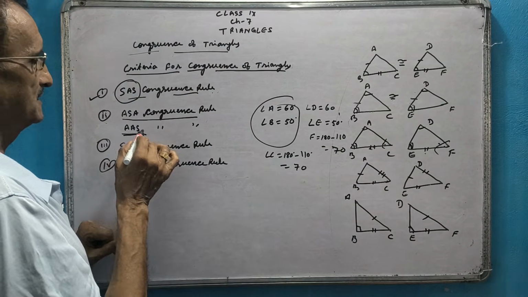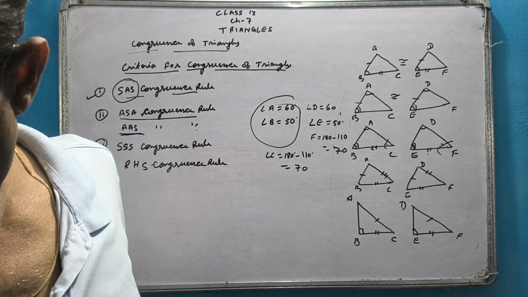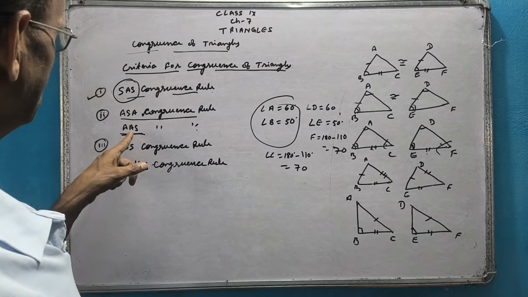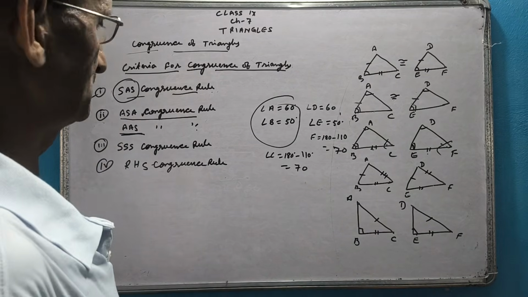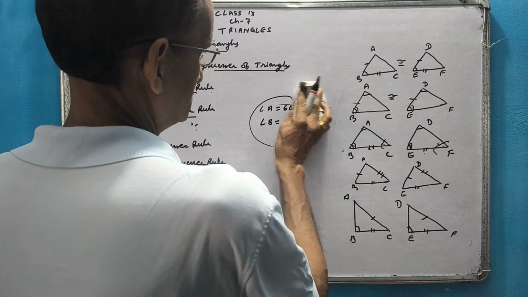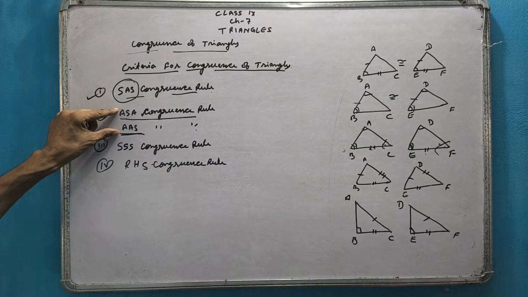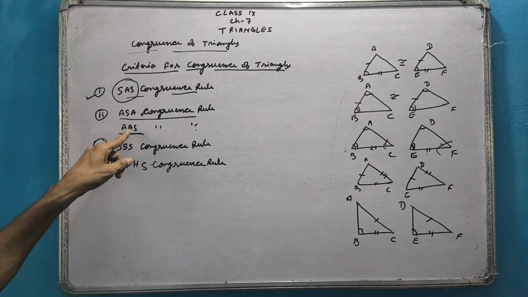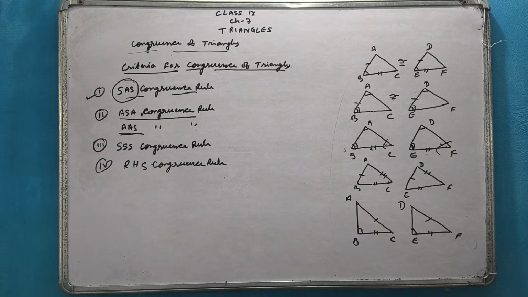So we can use AAS congruence rule also. Understood? Actually, AAS is actually ASA only. So this is not the main congruence rule, but it can be understood by the angle sum property of triangle. AAS can be converted to ASA, so we can use it here.